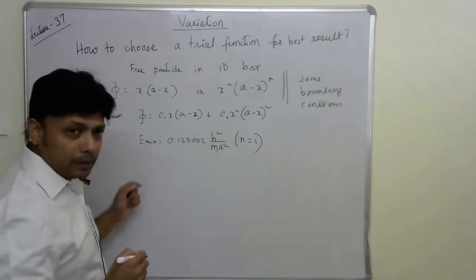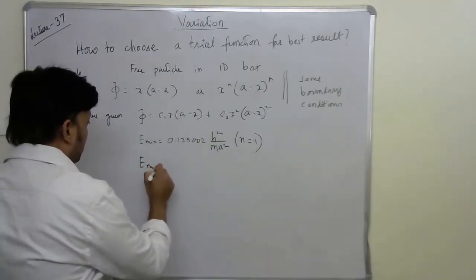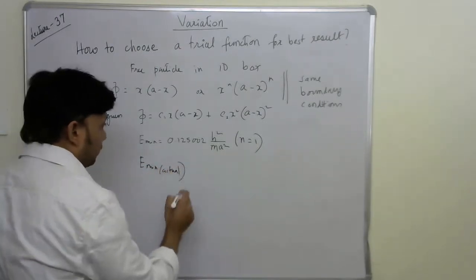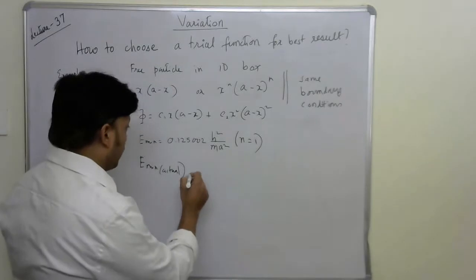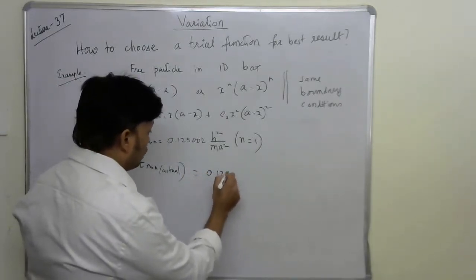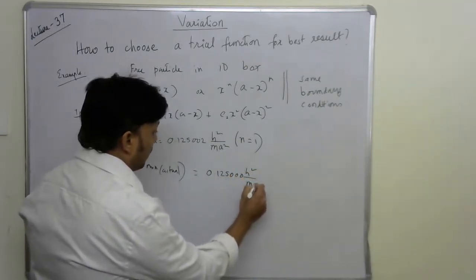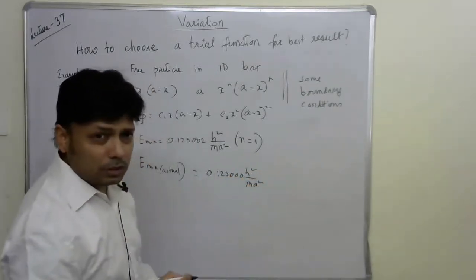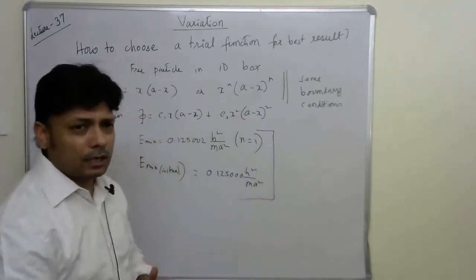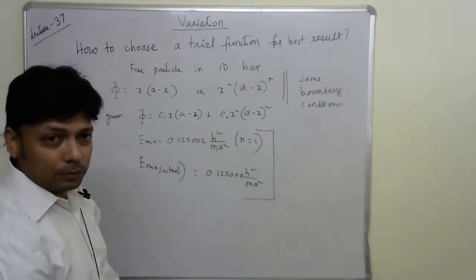Can we compare that with the E minimum actual, or the E minimum exact? If you remember, for n equal to 1, this value should be 0.1250008 h square divided by m a square. Now you see how close we get in these two values.